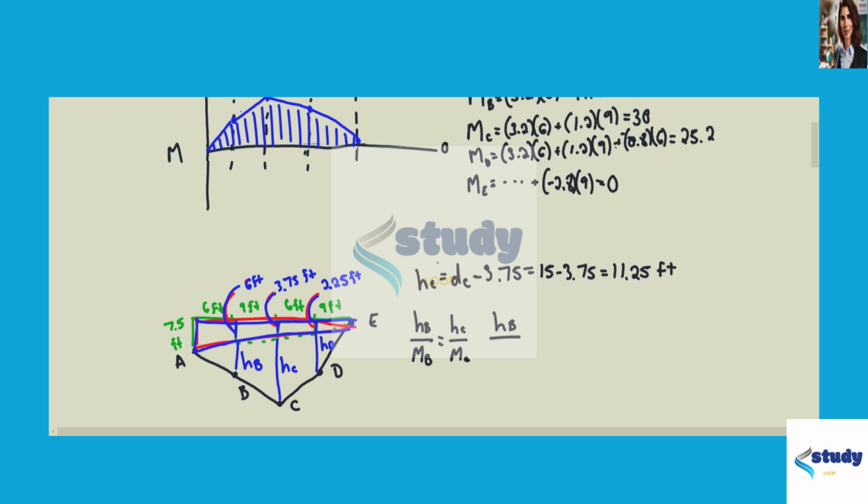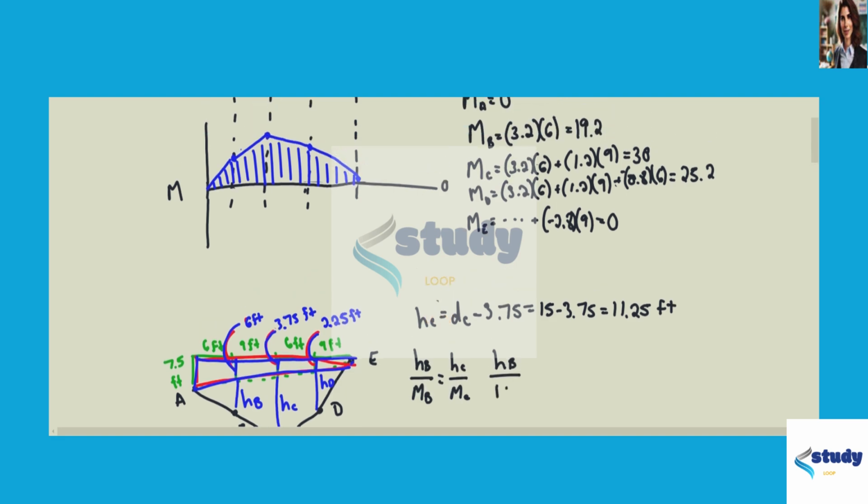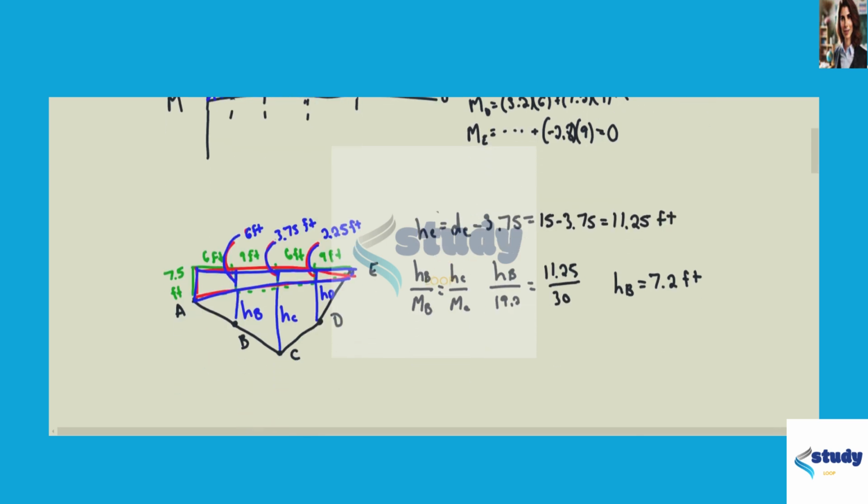HB over the moment of B, which was 19.2, equals HC, which we just solved for, 11.25, over the moment of C, which is 30. So HB equals 7.2 feet. So now we are able to solve for the distance of B. So the distance of B goes 7.2 plus 6, that is 13.2 feet. And that is one solution to this problem.